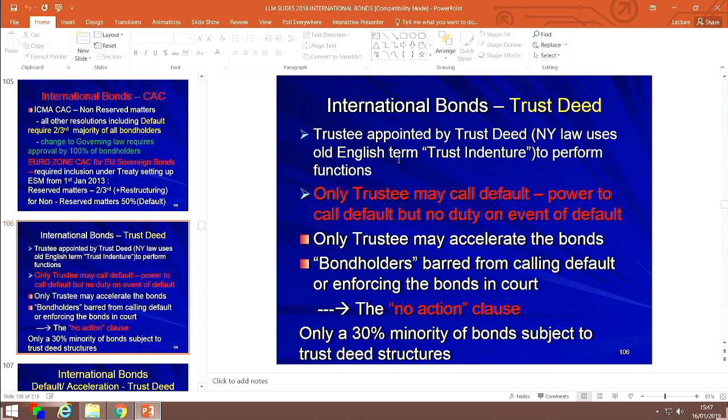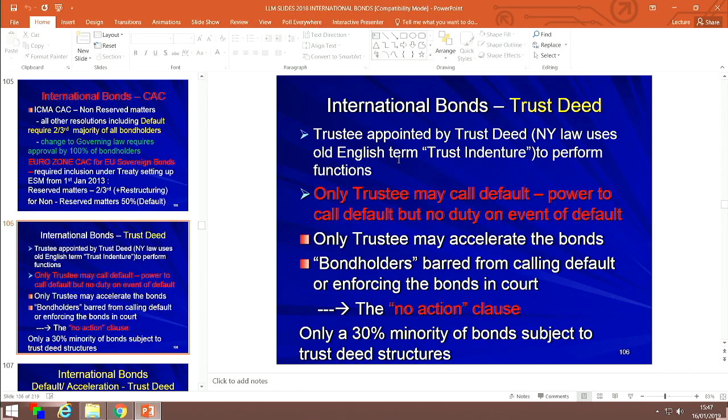That is acceleration. On the trust deed structure in a bond issue, only the trustee can call for immediate payment of all outstandings, even if the trustee has decided to exercise its power to call a default.